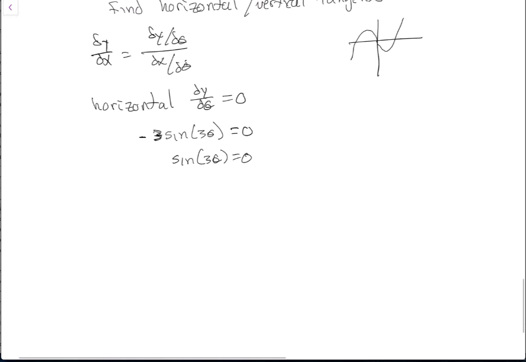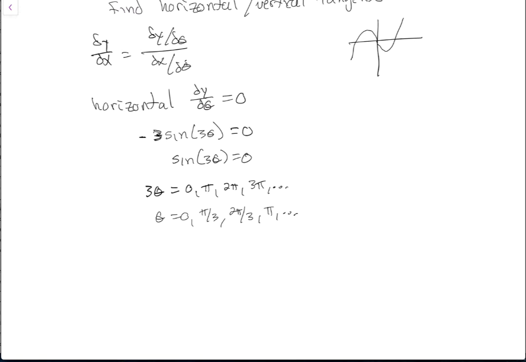The only time sine is equal to 0 is if I have sine of 0, sine of pi, sine of 2 pi, sine of 3 pi. So my angle inside has to be 0, pi, 2 pi, 3 pi, and so on. Dividing both sides by 3, I get 0, pi over 3, 2 pi over 3, pi, and so on.